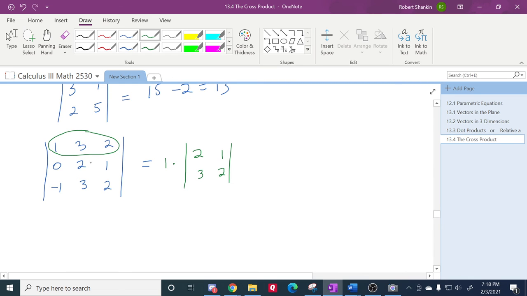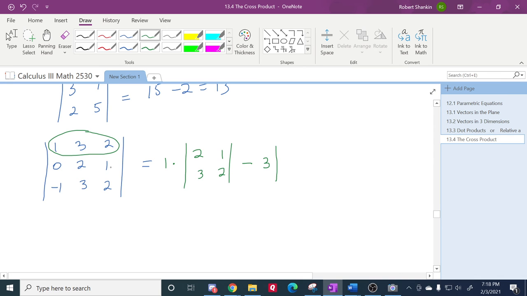Then the signs alternate. So this one, the next sign is minus, and then the next sign after that will be plus. And then I go to the next item in the row, and I get the determinant of the 2 by 2 matrix that results from eliminating this column and this row.